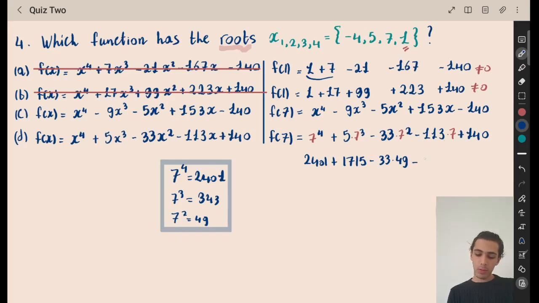Then you have 113 times 7 plus 140. So this is 2,401. It's 1,715. If I add them up, I get 4,000.